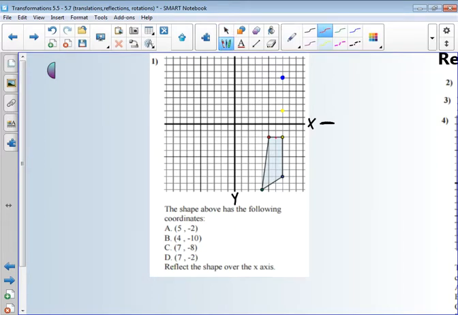It was 1, 2 places away from my yellow. So 1, 2 places away from my yellow. Now if I wanted to do my green point, I could count it out this way. It's 1, 2, 3, 4, 5, 6, 7, 8 up, and then 1 to the left. So I could do that up here: 1, 2, 3, 4, 5, 6, 7, 8, 1 to the left.